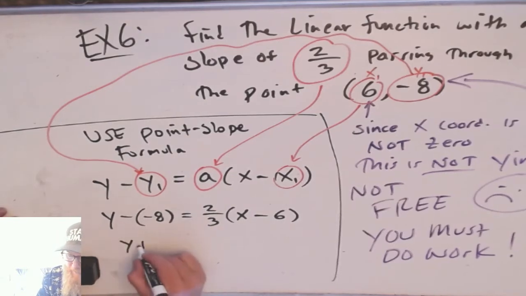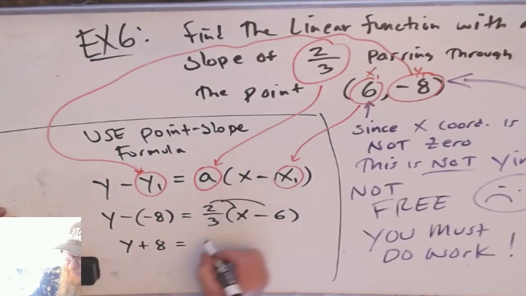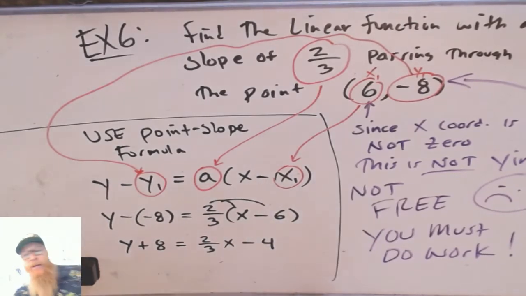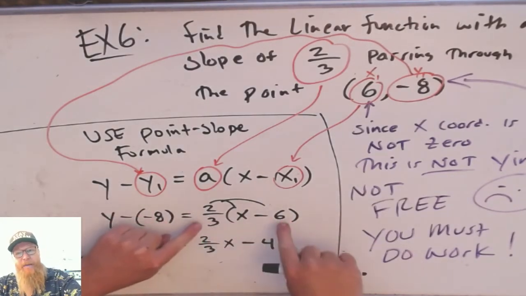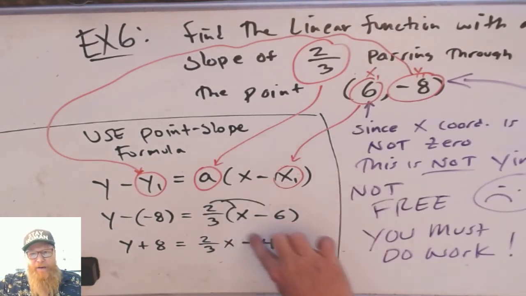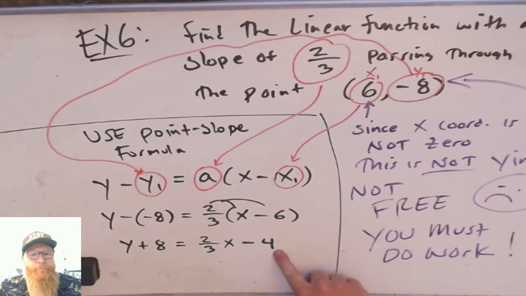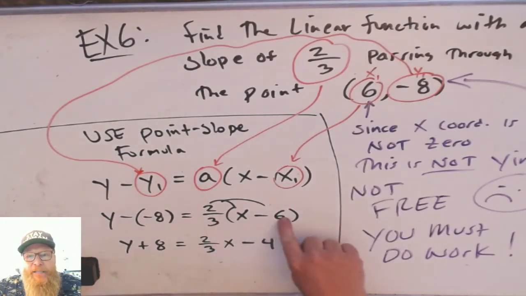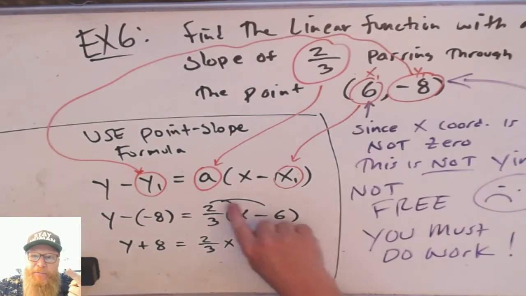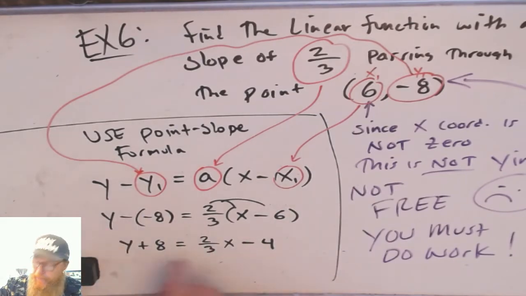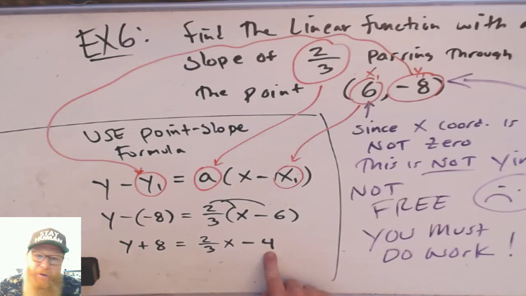Distribute to get rid of all your parentheses. I did that with mental math. Maybe you want me to talk through that. 2 times 6 is 12. 12 divided by 3 is 4. Or there's another way to do it. 3 goes into 6 2 times. 2 times 2 is still 4. And then the third way to do it is to do it on your calculator and hope you get 4 and you don't get a decimal.